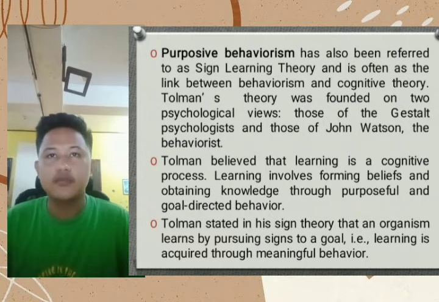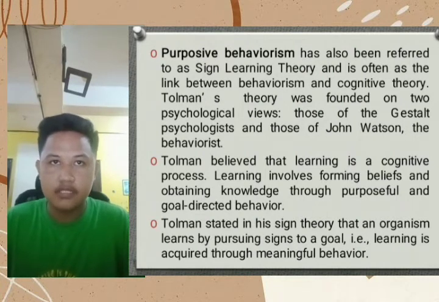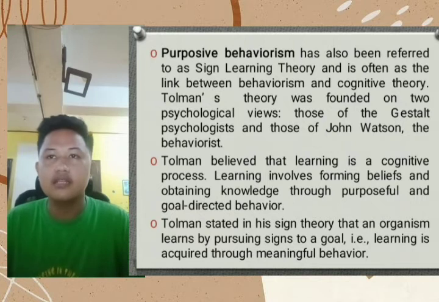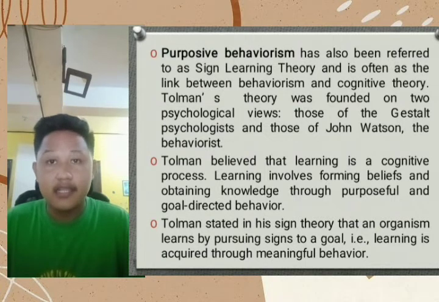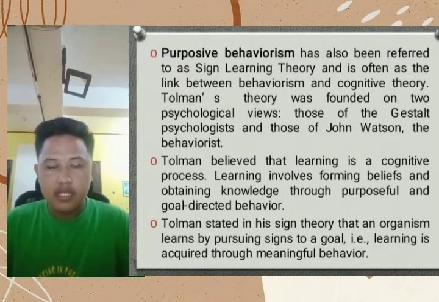Tolman's theory has its origins in Gestalt psychologists and John Watson, the behaviorist. Tolman believed that learning is a cognitive process, and learning involves forming beliefs or obtaining knowledge through purposeful and goal-directed behavior. So in learning, it has a purpose, or it has a goal.